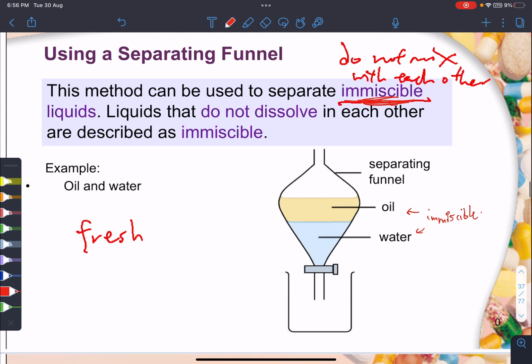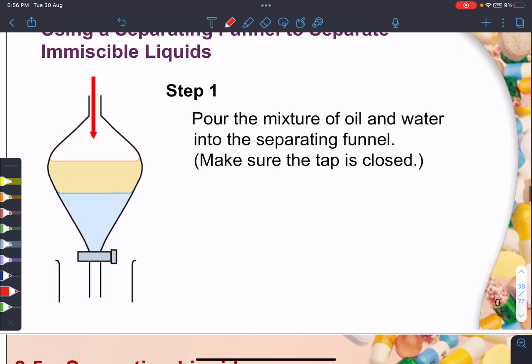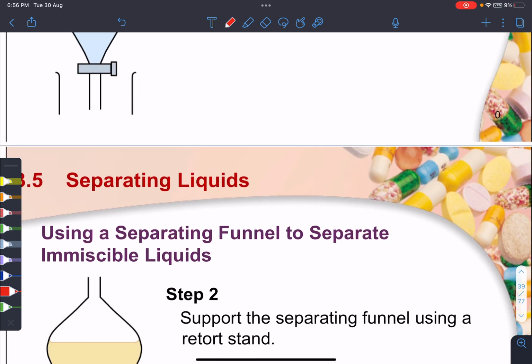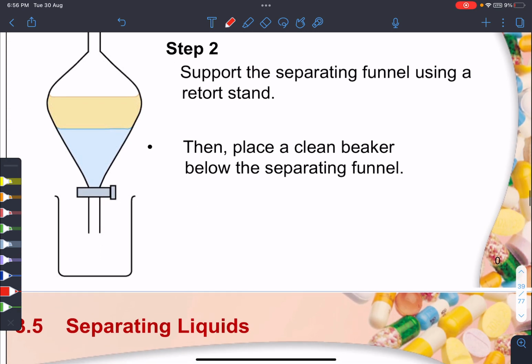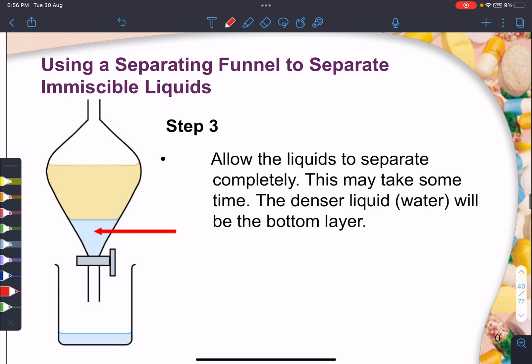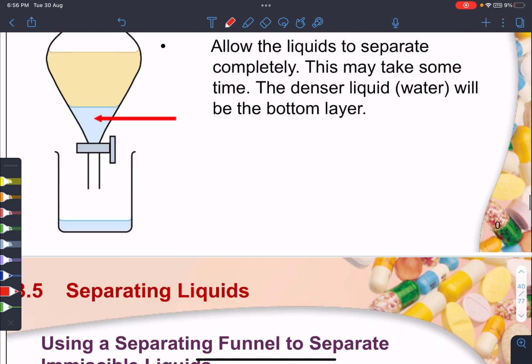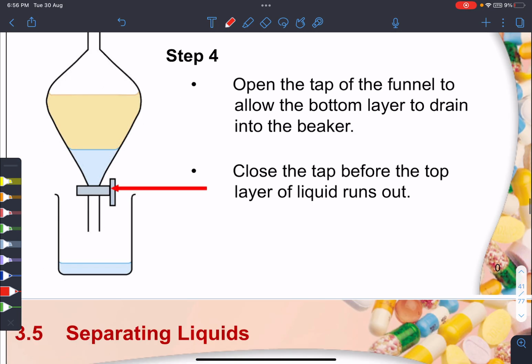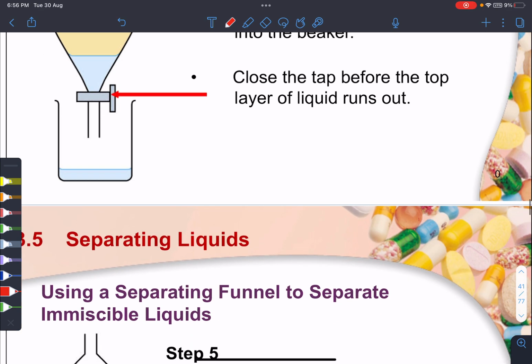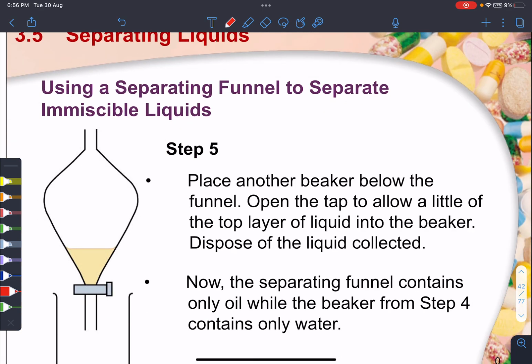You pour inside this separating funnel, and it slowly goes into 2 nice layers. You turn on the tap, and one of the layers will go down. Once you finish collecting the layer, you close the tap. Then you repeat for the other one.